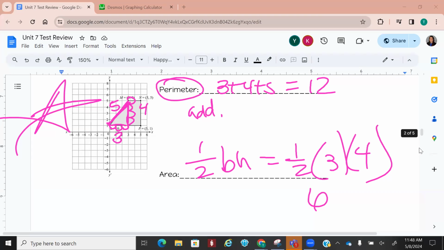It's called dropping the perpendicular. However, your mastery check is going to be like this guy. If this was facing like this, let's say I drew your triangle like this instead. This is now your base. This is your height. Does that make sense?